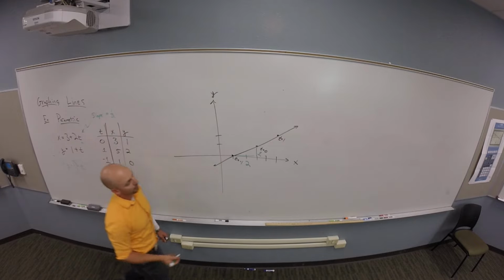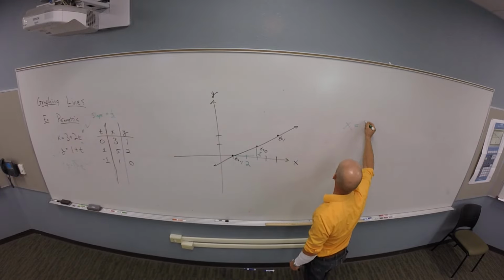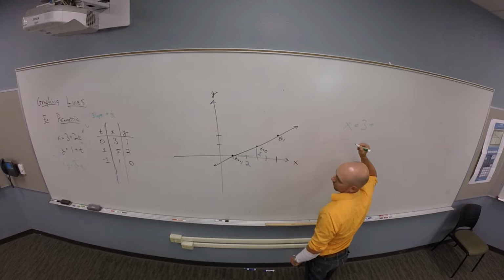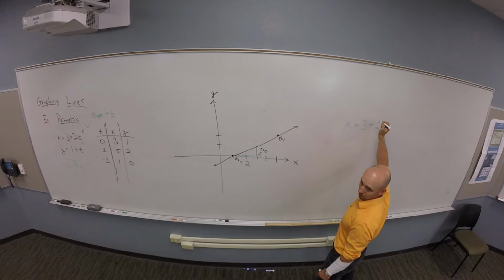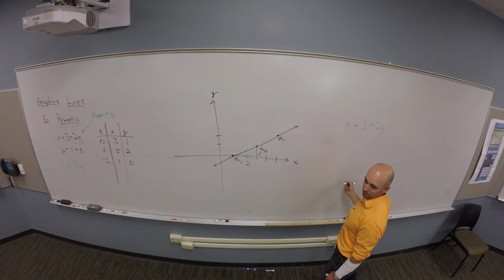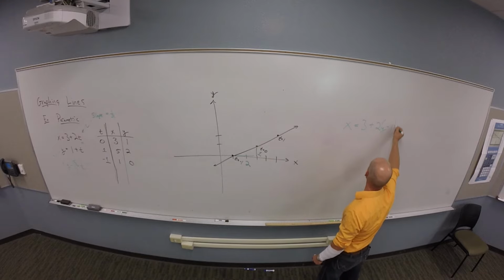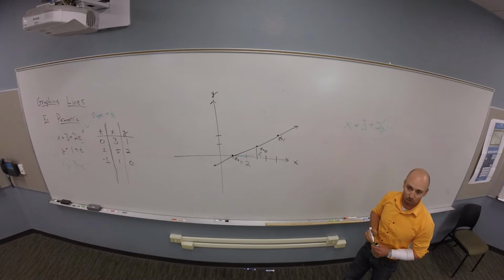So once I do that, I'll get the equation x is 3 plus 2 times (y minus 1). So some of you have observed that when you're substituting, you need the parentheses, right? Cool.